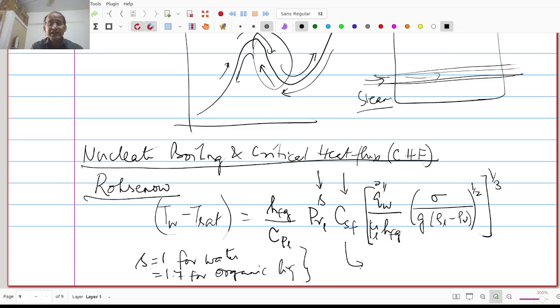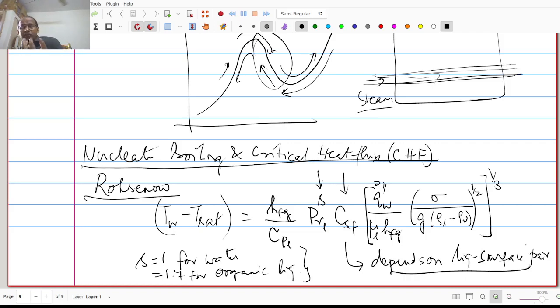And C_SF actually depends on the liquid-surface pair. Okay, so this is the empirical information that needs to be built into the system.